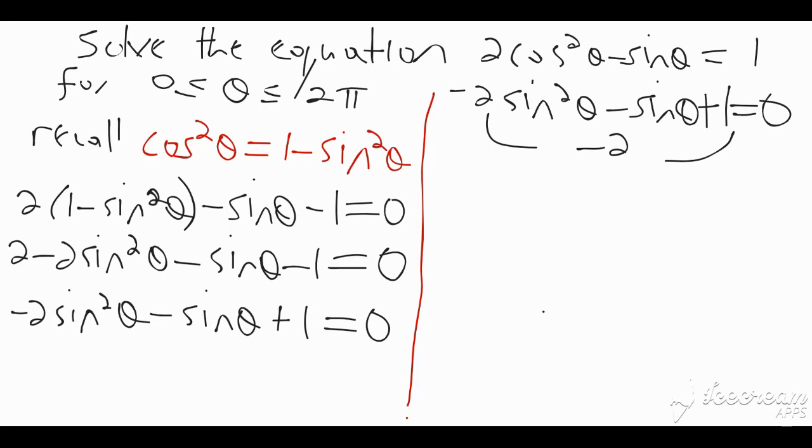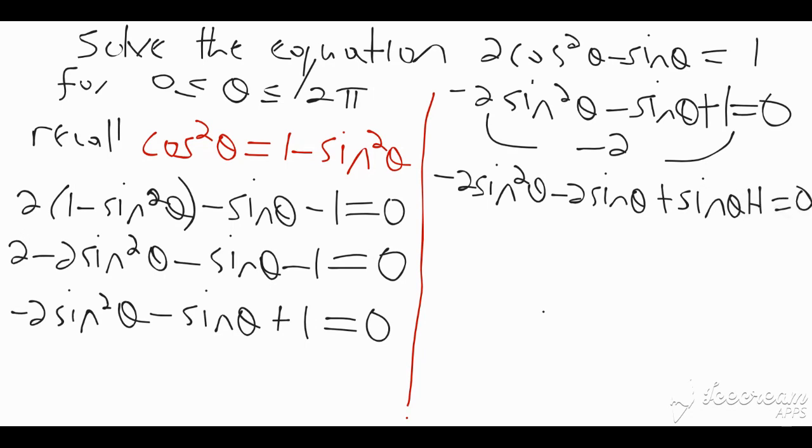So this is going to become negative 2 sine squared theta minus 2 sine theta plus sine theta plus 1 equals 0. We have four terms, so we can pair them and factorize. So these two, those two. So I'm going to have negative 2 sine theta. When I factor that out, I'm going to have sine theta plus 1.